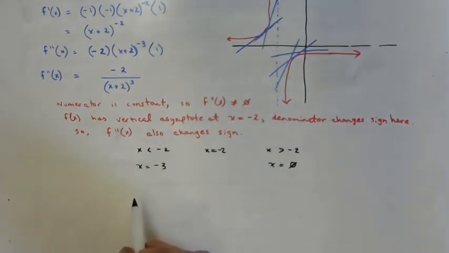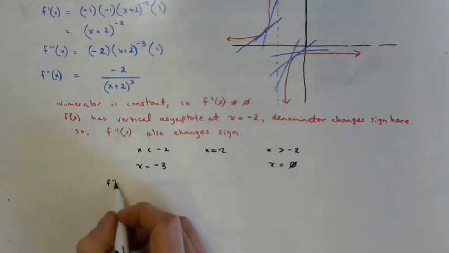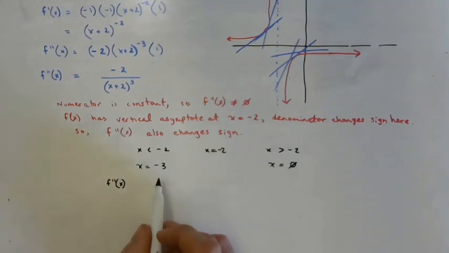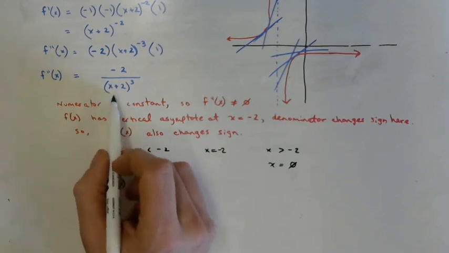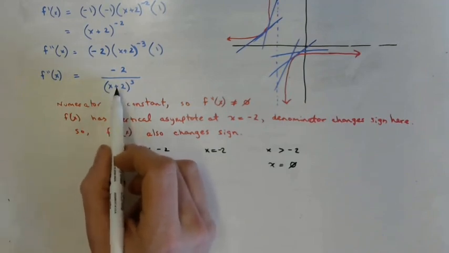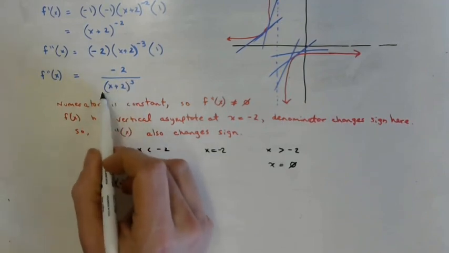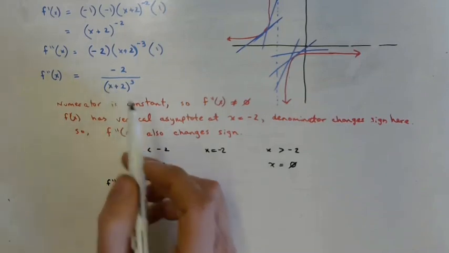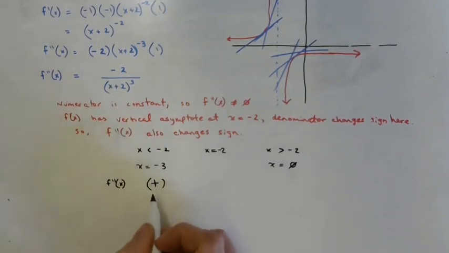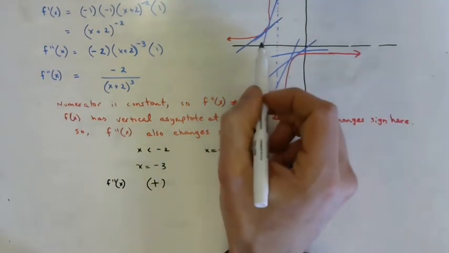And then just finding out the sign of the second derivative at that test value. Well, the sign of the second derivative, when x is -3, you'd have negative value here, cubed, which would still be negative, which would be a negative over a negative, which is a positive, which is exactly what we said, that to the left, we would see concave up.